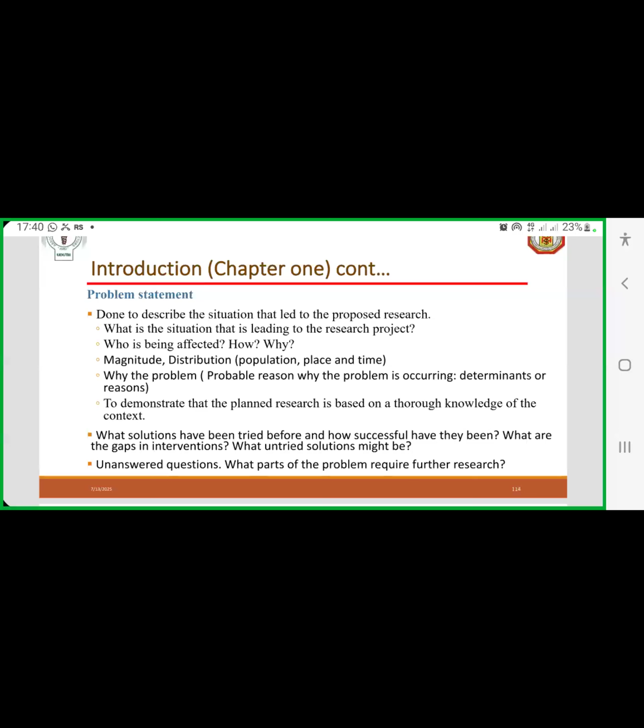That may lead to poor sensitivity of this and that, and that's the problem. So your problem here is not malaria. Some people, when writing the problem statement, just write the problem of the disease, not the problem they are looking for. So that is the problem statement.